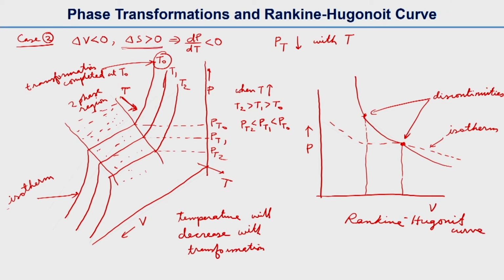In this case the entropy change is positive, and that gives us that the transformation pressure will decrease with temperature. It is important to mention that this second case is less common than the first one. The second case, delta S greater than 0, is less common than the first case.